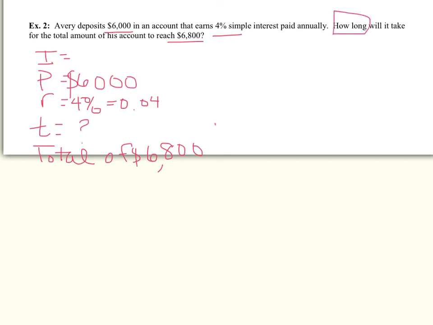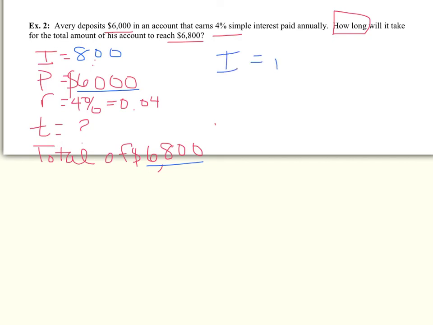So we're solving for the time. But does it give us the interest? Not technically. But if I started out with 6,000 and right now I'm at 6,800, that means I made $800 in interest. See how I got that? Just subtract it. So now I have 3 out of the 4 pieces of our puzzle.